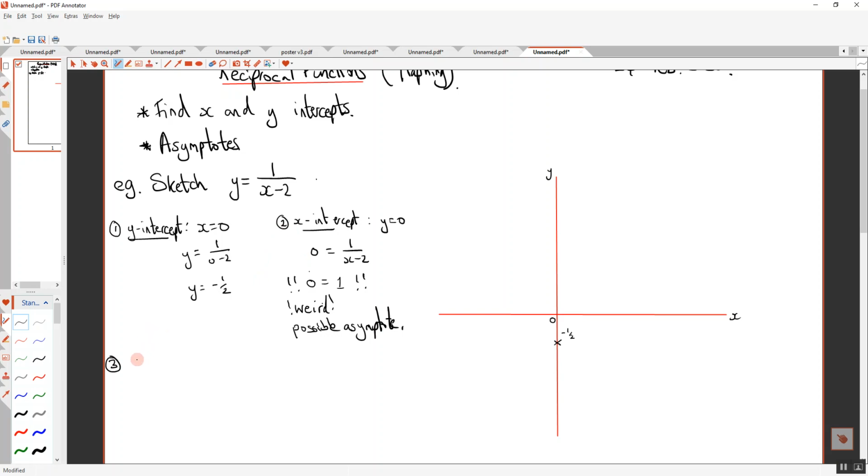Alright, so we're going to look at our asymptotes. We're going to do our vertical one first. This is the easier one.